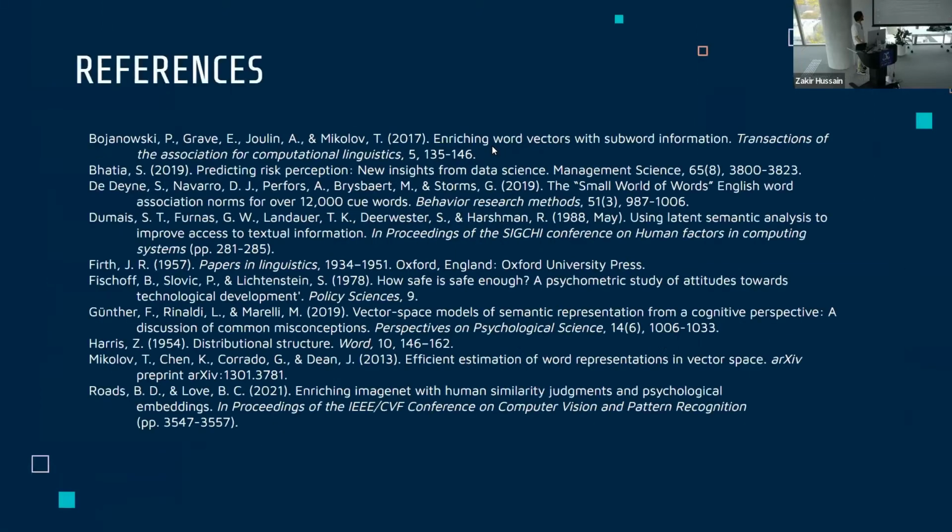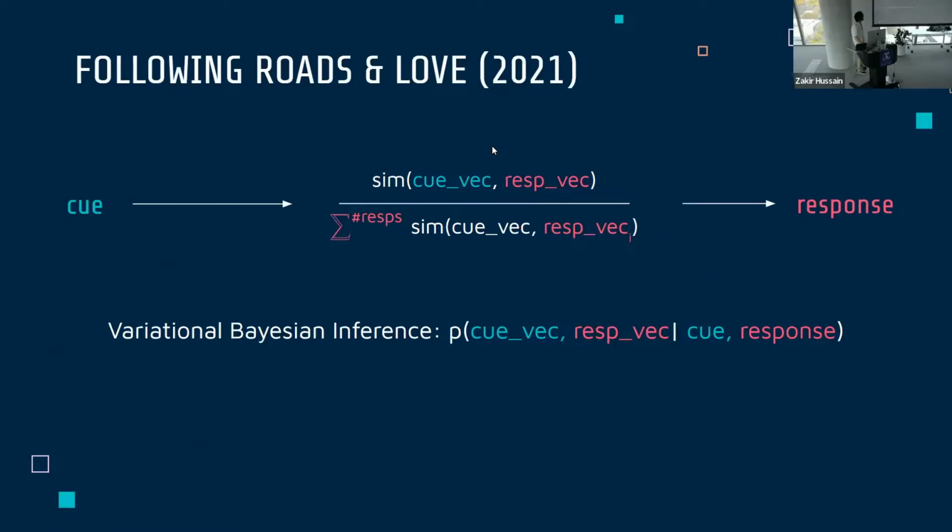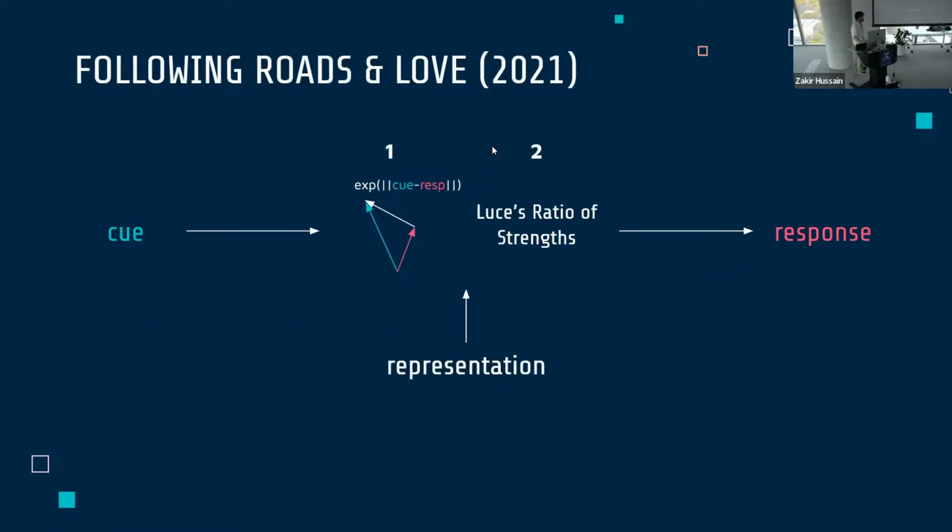So in the case of LSA, with free association data, you're trying to explain as much of the variance as you can in terms of the transformed raw counts in the free association data. So the number of times each word appears next to each other word, using these principal components.